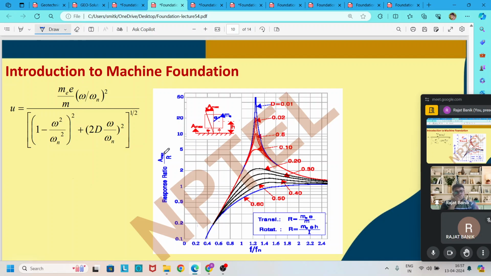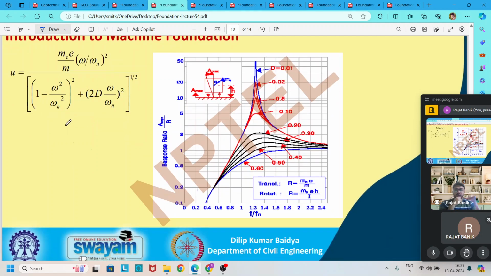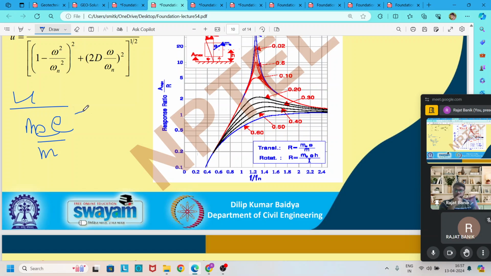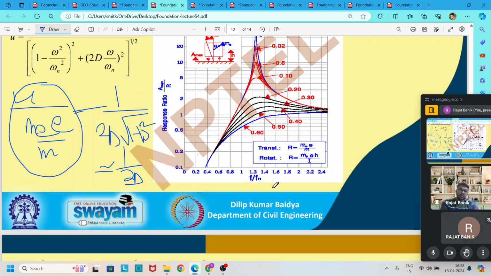And at resonant frequency, the ratio U by ME by M becomes 1 by twice d root over 1 minus d square, and approximately it is 1 by 2d. If the frequency ratio is greater than 1, at higher frequency ratio we get this ratio equal to 1.